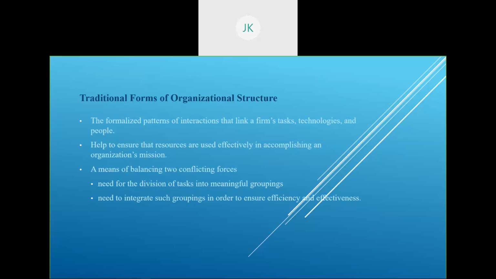So the decision channel, how to make it centralized or decentralized, balancing the two forces. That is kind of key to developing the organizational structure.